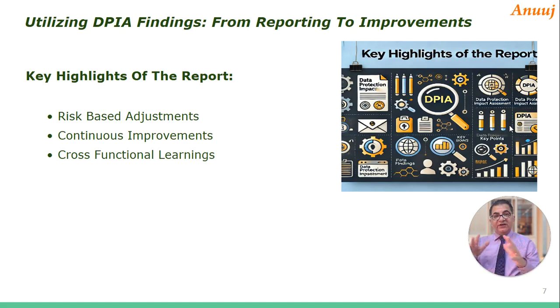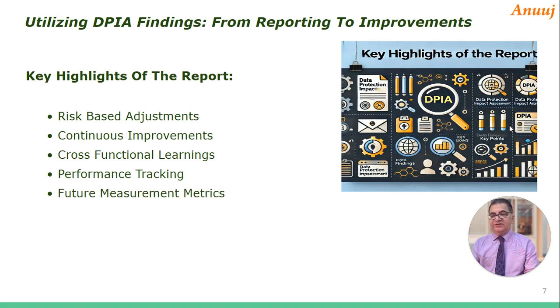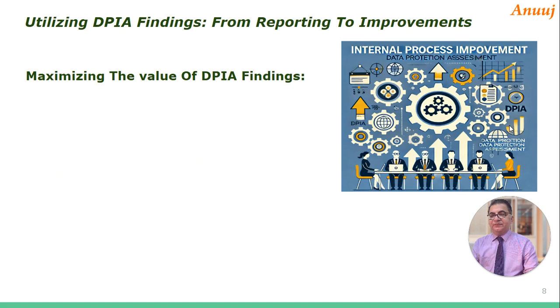So there is cross-functional working of data and movement of data, performance tracking of the organization and that DPO or the privacy organization within the large organization, and what are the future metrics you have created, what is their current status, so that in the next DPIA you can show whether it improved or not and what is the percentage improvement that you were able to achieve with the recommended or planned mitigation plans.